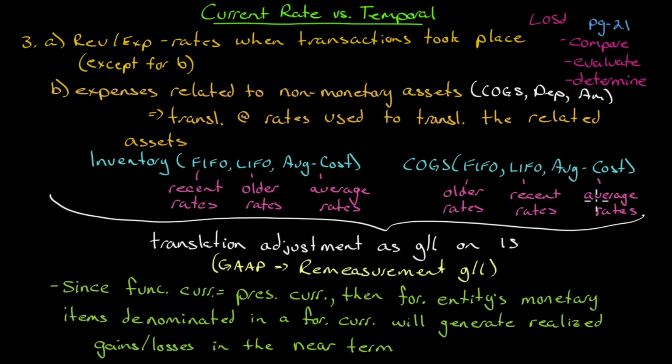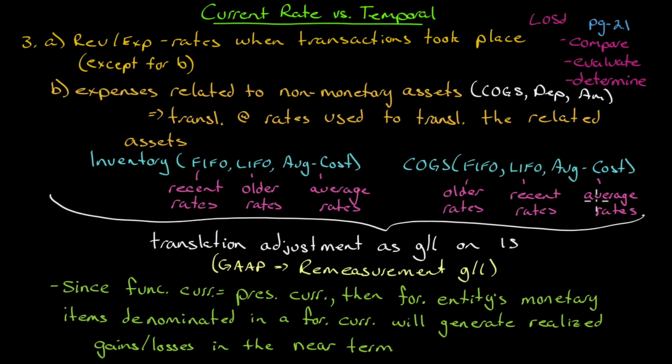Imagine you're Costco and your subsidiary is in Australia with Australian dollars. Well, how many inventory items do you have? Number one, when did they arrive there? At what rate did they arrive there from? At what country, at what rate did they arrive there from? Imagine the nightmare you would have in keeping track of all of that.